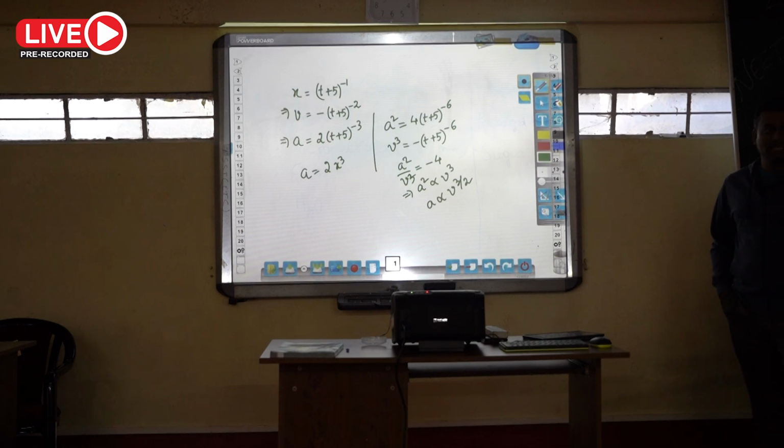The first relation is given x as a function of time. You have to find v as a function of time and a as a function of time. Then you have to eliminate time to find a as a function of x and as a function of v, and then check which option is matching.